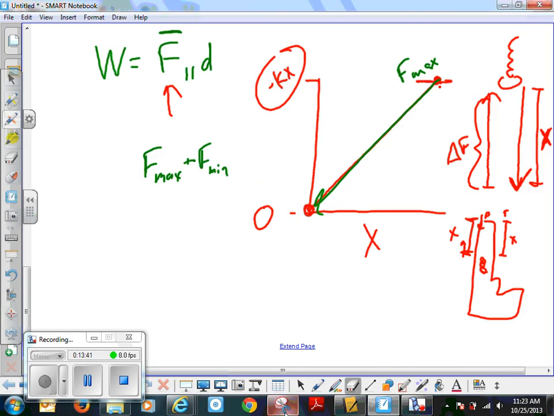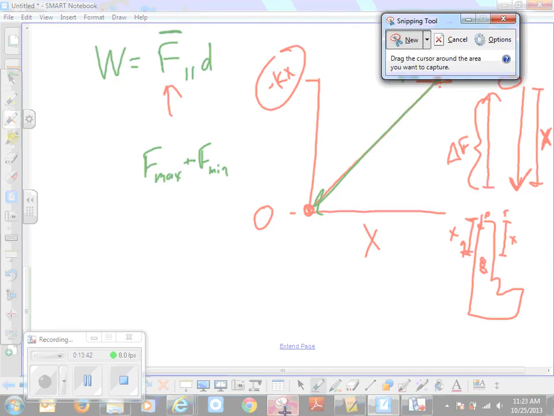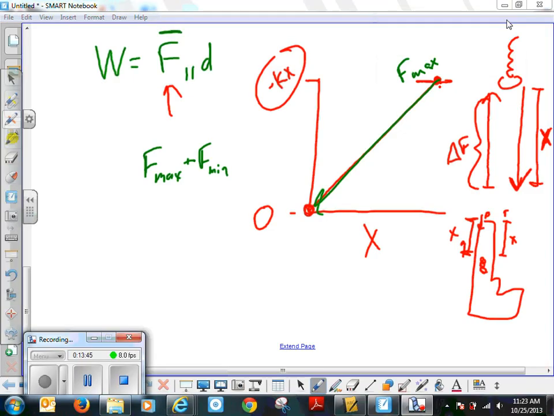Okay, I'm going to erase this just for now. And then you divide it by 2, right? You take an average. As long as it's a linear situation, you can just divide it by 2, right?